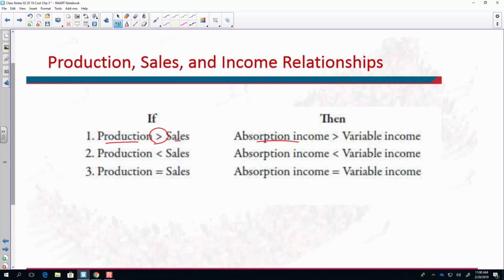We're not shipping it through the income statement. The opposite is true. When sales are greater than the production level, then the variable income is greater. Please keep this straight. This is on page 109. Thank you, Teresa. Do not forget this.